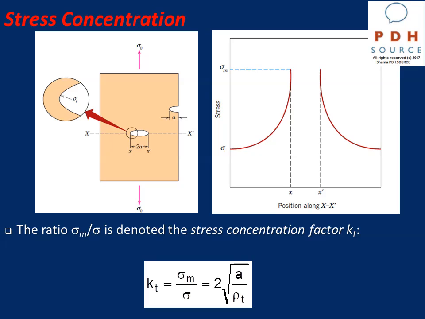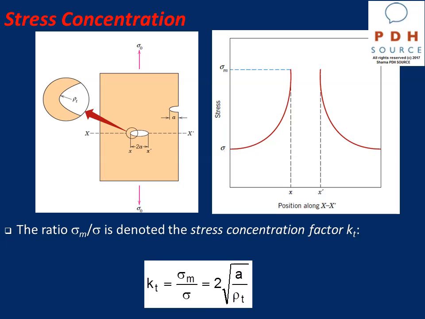Now, if we divide the maximum stress by the applied stress, we get a value we call the stress concentration factor, Kt. So Kt equals sigma m divided by sigma, which equals 2 multiplied by the square root of a divided by rho t.